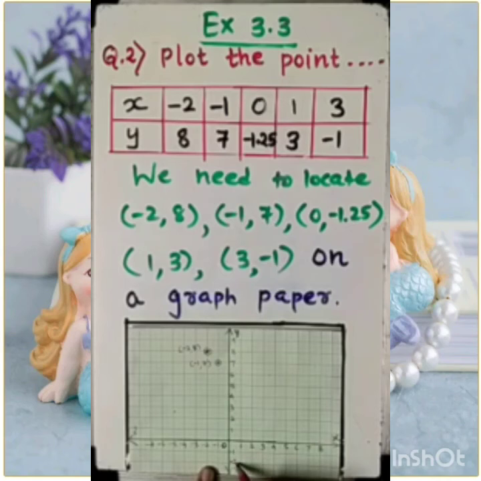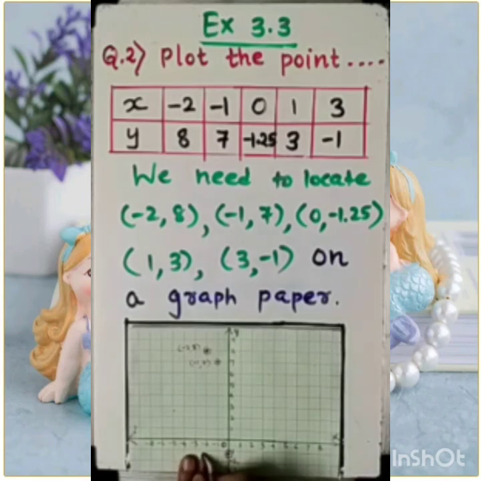Between -1 and -2, the darker line is -1.5, and half of that, -1.25, is where this point 0, -1.25 lies. Please note down this point properly.